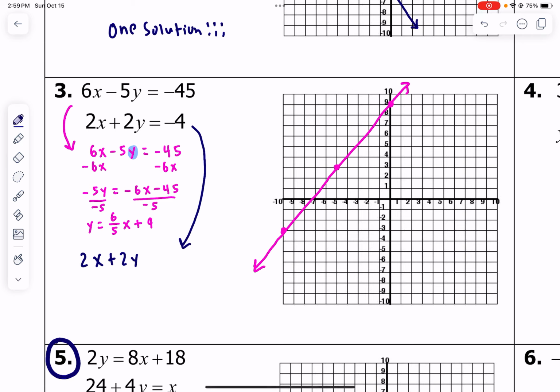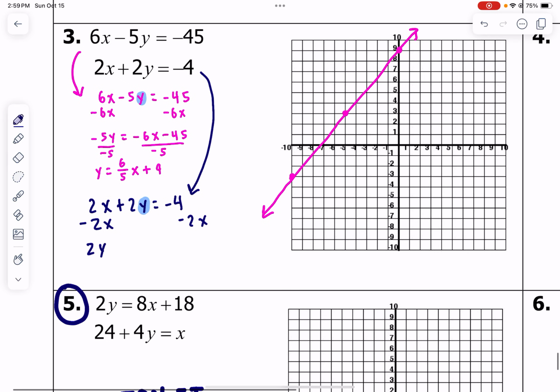All right. And then let's go ahead and look at the other equation they give us. 2x plus 2y equals -4. Solve for y once again. Move the 2x over to the right-hand side. You get 2y equals -2x minus 4. Divide by 2.